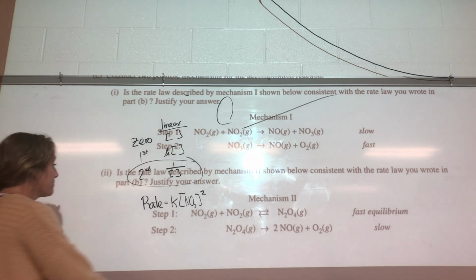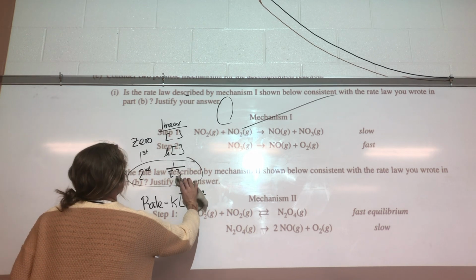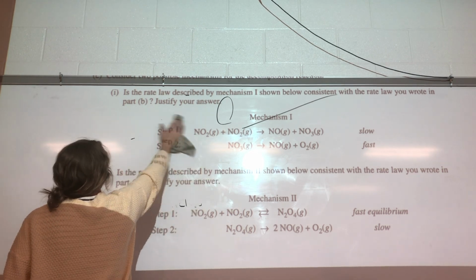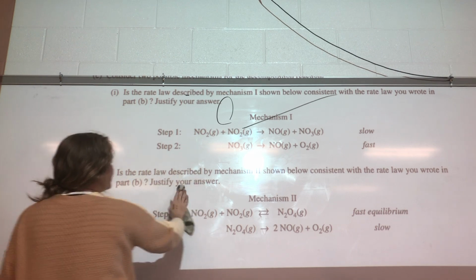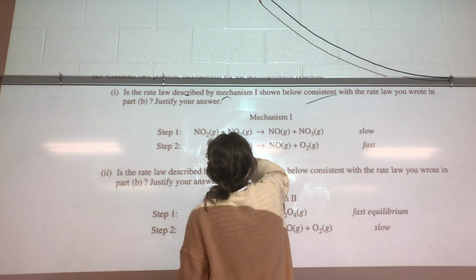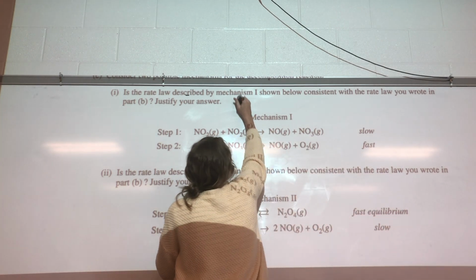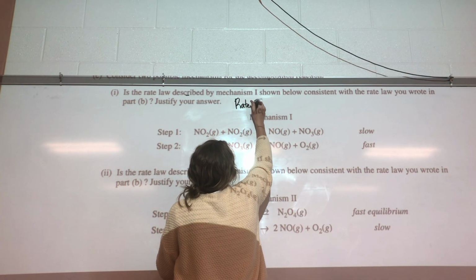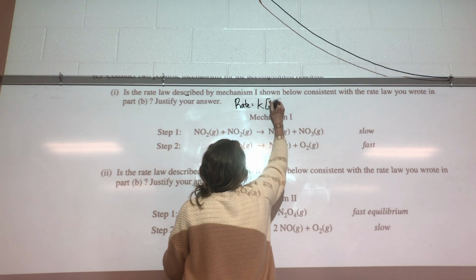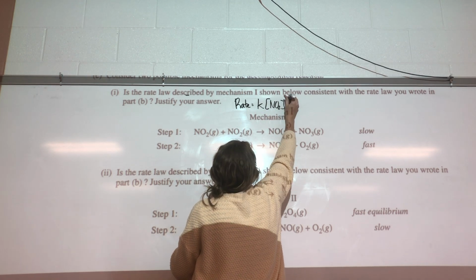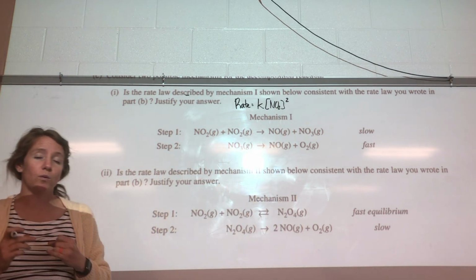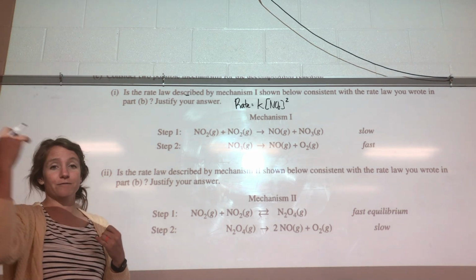All right, the second part of the problem gives us these mechanisms, and it wants to know if these mechanisms are consistent with the rate law you wrote in part B. So I'm going to write that down just so we have it. The rate law is K NO2 squared. We talked about rate laws with graphs, where you're looking for linear.